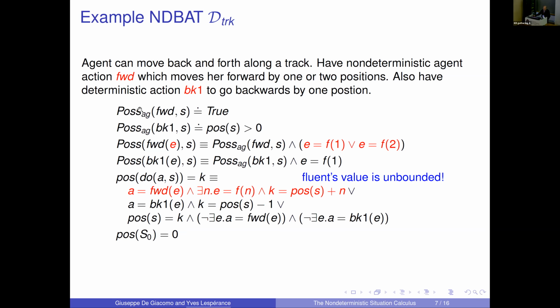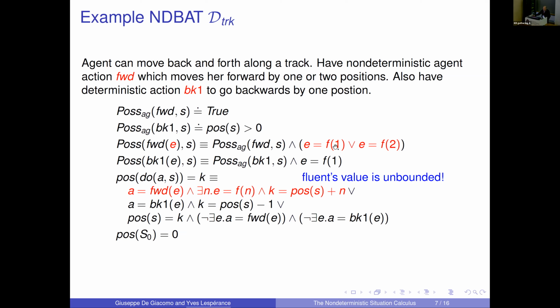So the way you would specify this is to say that this is the precondition for the agent action. You can always go forward. You can go backward by 1 if the position is greater than 0. And then here we specify which environment reactions are possible for forward.